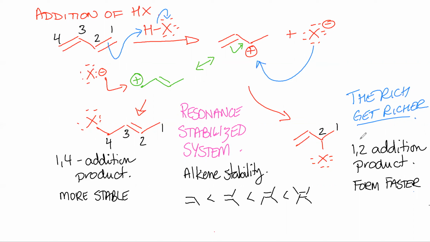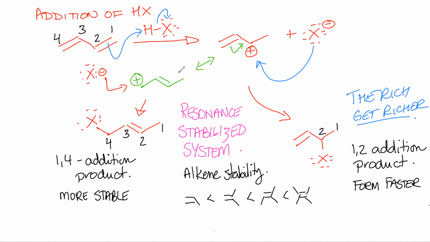So there's a question about alkene stability versus carbocation stability. In both of these cases, we form the most stable carbocation, right? We've got a resonance stabilized carbocation. Remember, these aren't discrete molecules. They're the same molecule, but we can't draw them as one molecule.